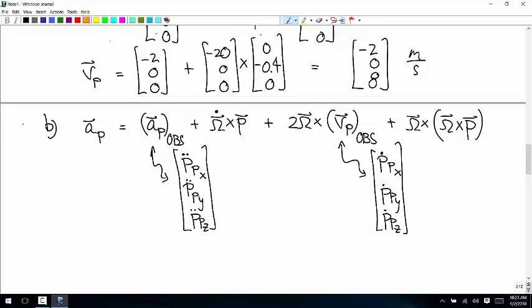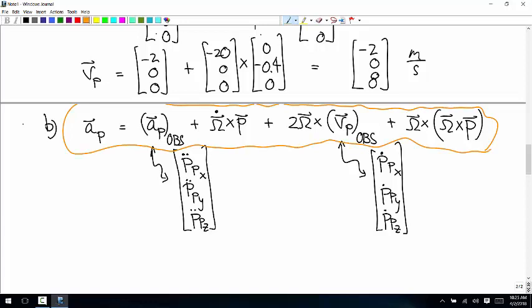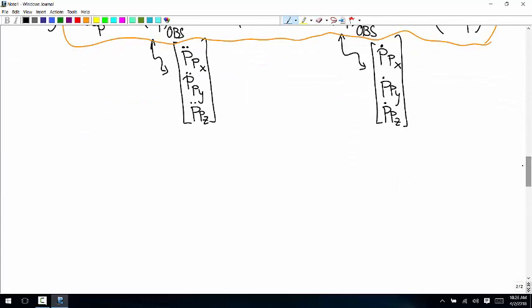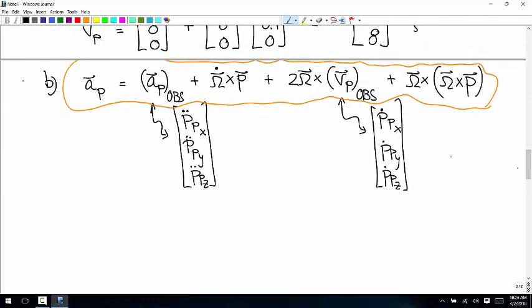But this is the one that's useful to us in this case. All right, so let's just go through one by one, figure out what these values are.